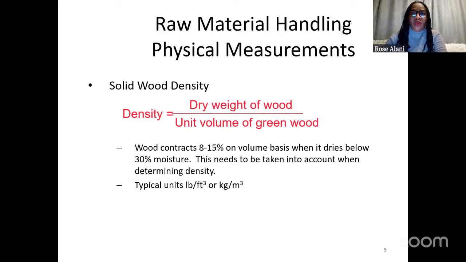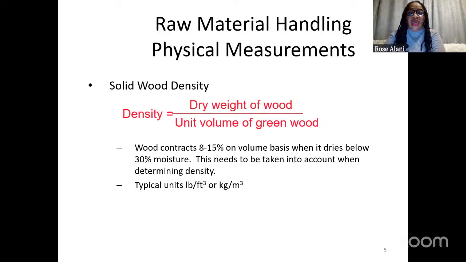Dry weight of the wood by the volume of the green wood. So that gives you the value in either pounds per cubic feet or kilograms per cubic meter. Of course, we're using kilograms per cubic meter.